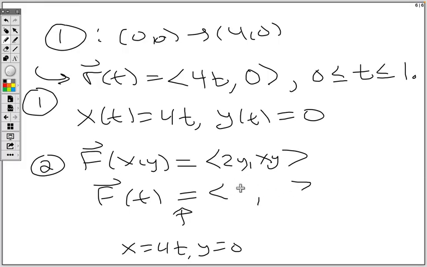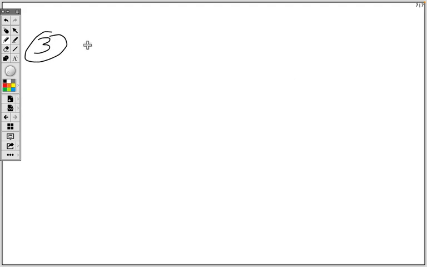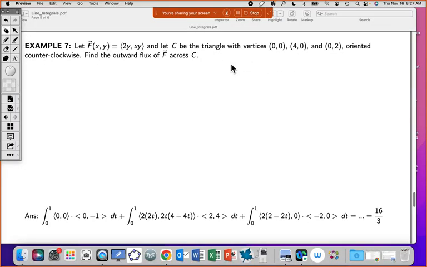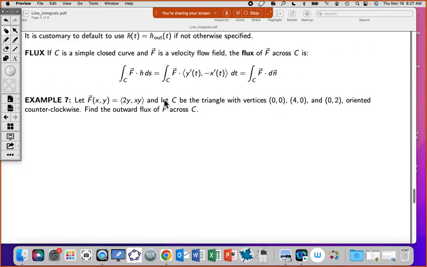Yeah, it's just going to zero out. All right, so there's nothing going on. When y is 0 on the x-axis, there's nothing going on. So now step 3 would be to take your F of t dot, and then instead of r prime, since we're doing flux here, it's y prime comma minus x prime.